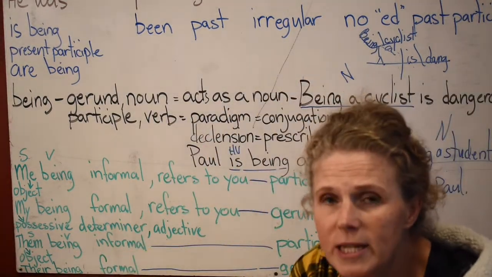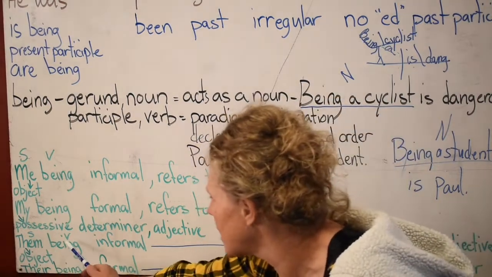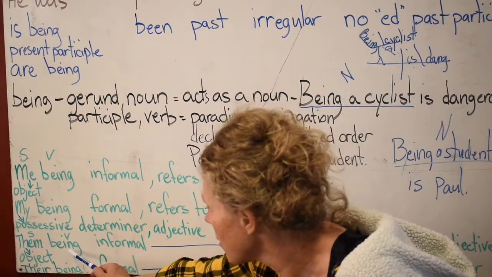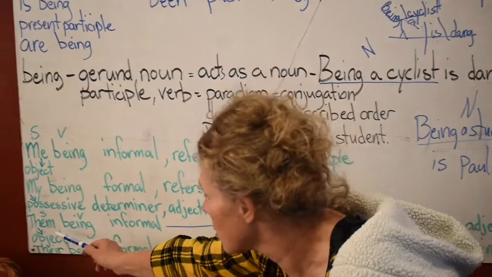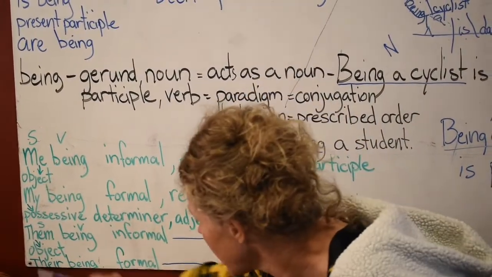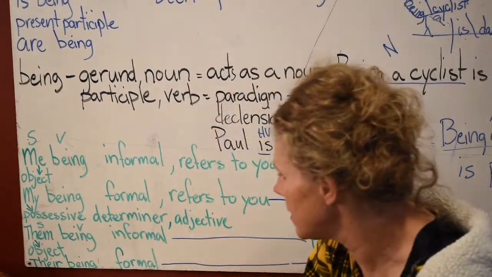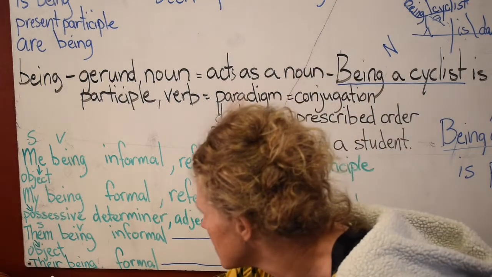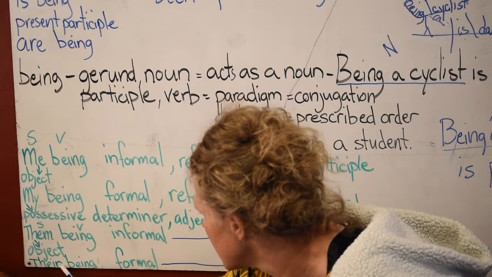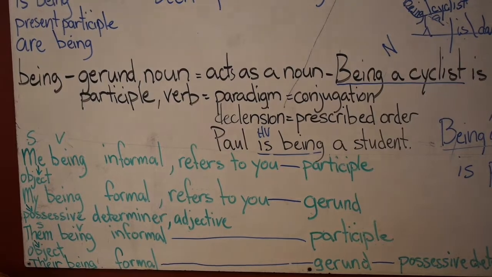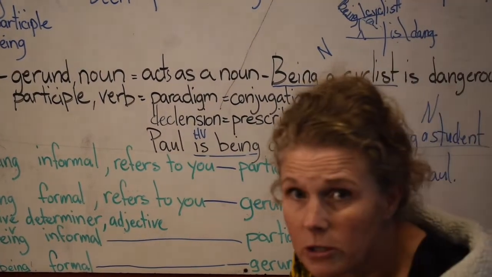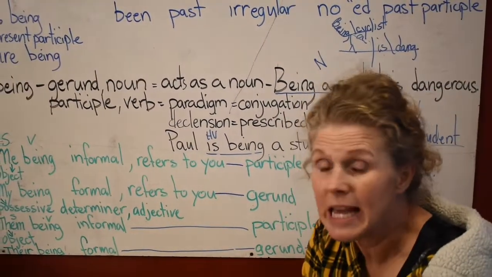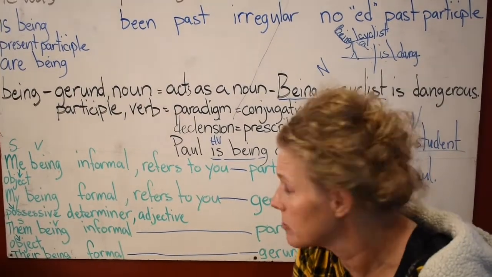So this is the one exception where you can use an object pronoun for your subject. Okay? Now look, their being, what is this? This is a possessive determiner.